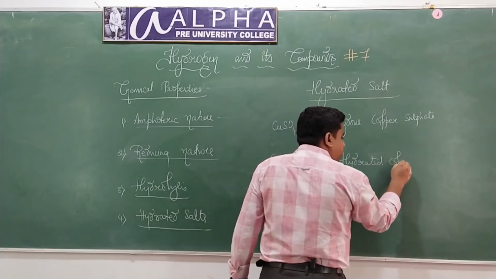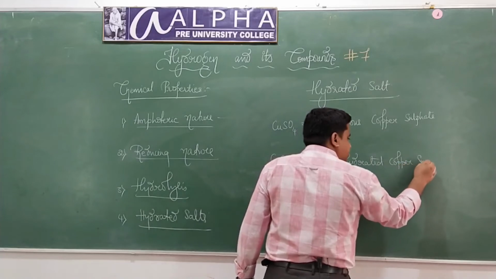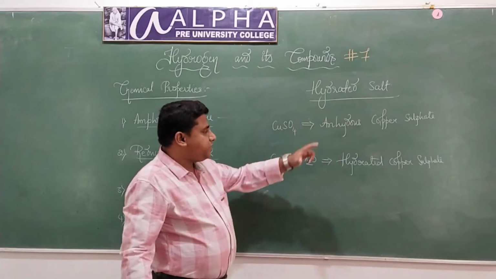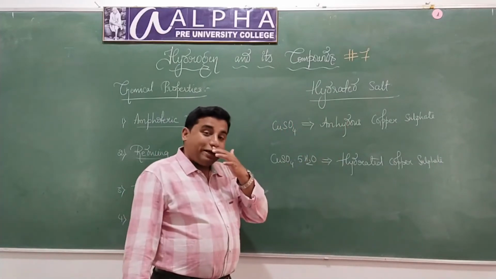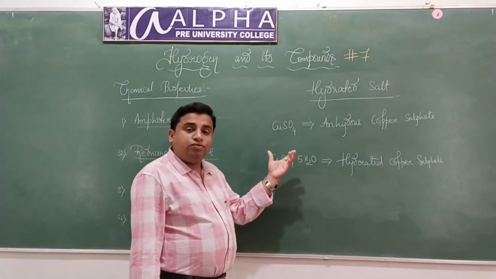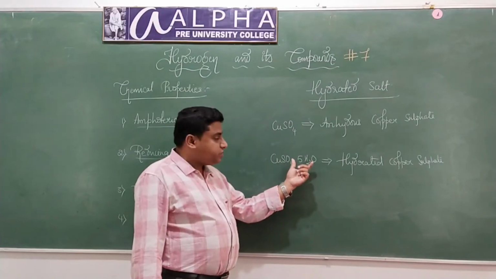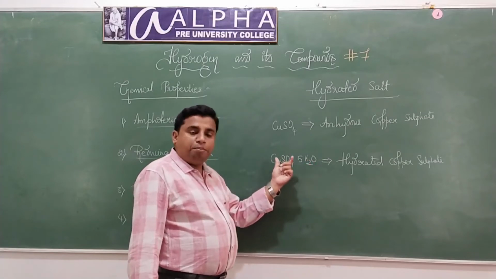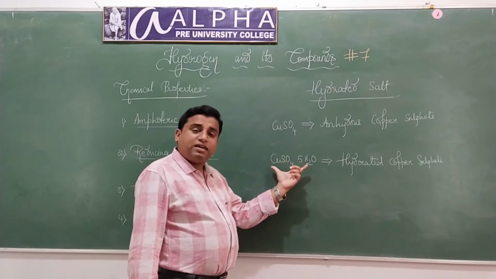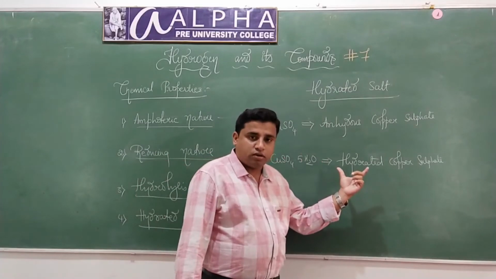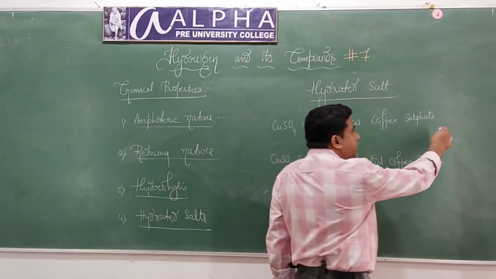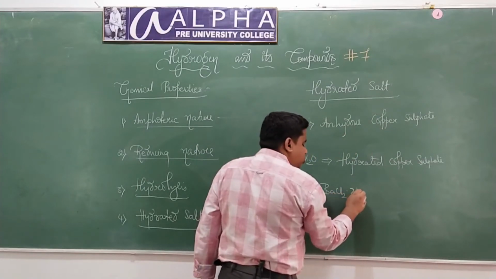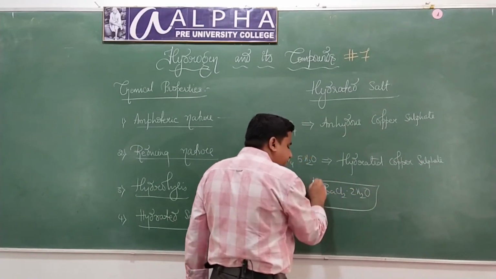If water molecules are associated with a compound, then that compound is called a hydrated compound. For example, BaCl2.2H2O, barium chloride dihydrate. What is this? This is hydrated barium chloride.